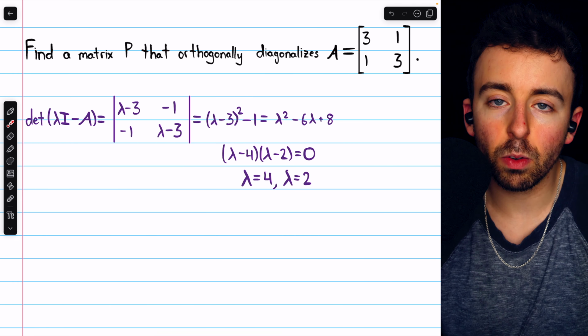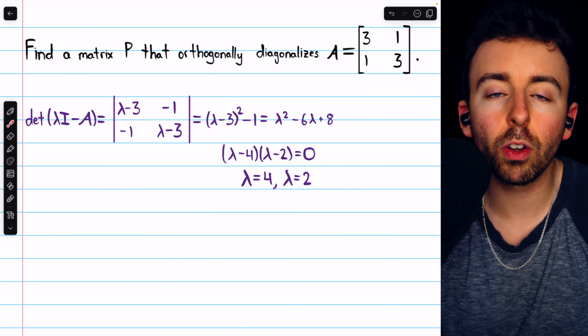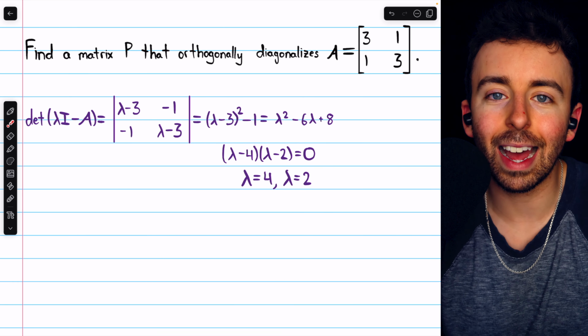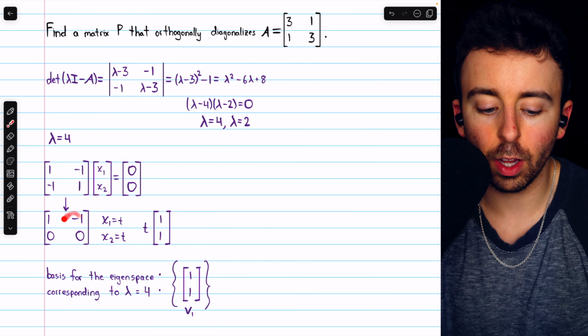With these eigenvalues, we can now find bases for the corresponding eigenspaces. So for lambda equals 4, we're just plugging 4 in for lambda in this matrix, and then finding its null space. 4 minus 3 is 1, 4 minus 3 is 1, so that's where this comes from. And then we can just add row 1 to row 2 to get this reduced row echelon form.